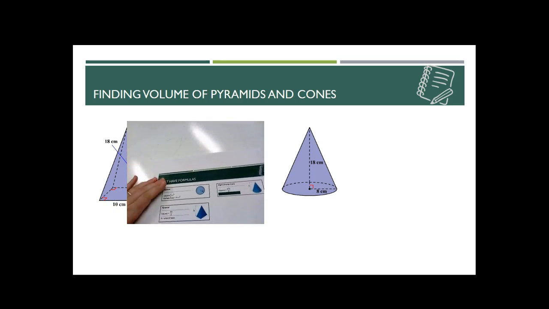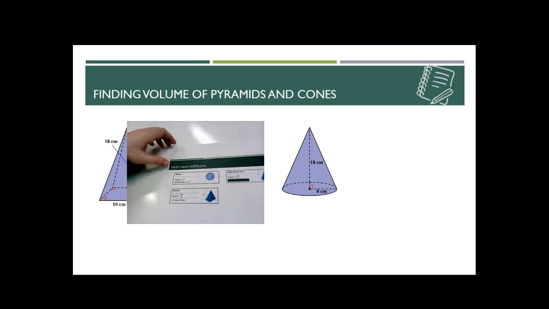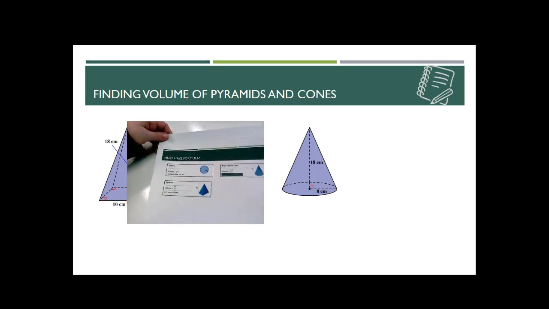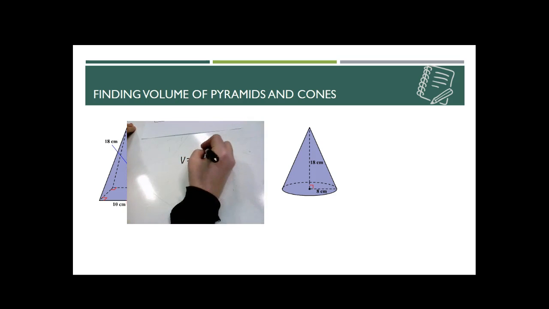Looking back to the formula sheet that we had from the first slide, it tells us that to find the volume of a pyramid, we take the area of the base times the height and divide it by 3. So I'm going to go ahead and use my volume equals area of the base times the height divided by 3. Remember, this sometimes can be written as capital A also.